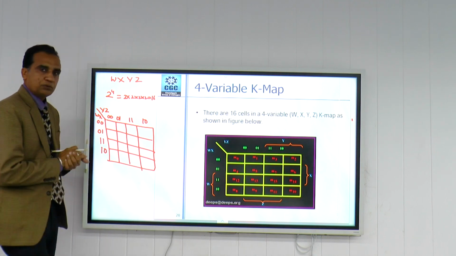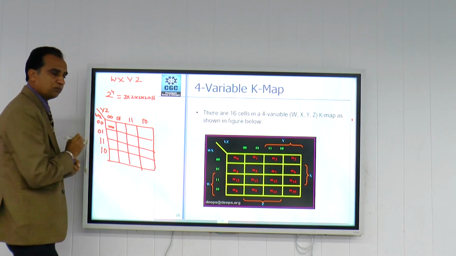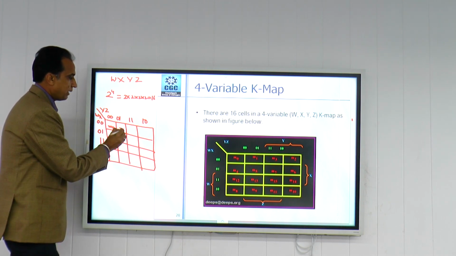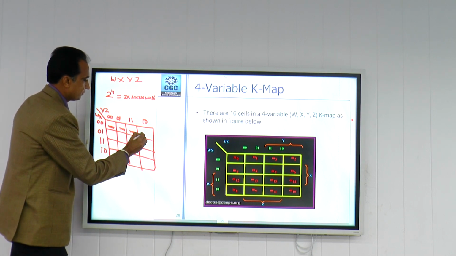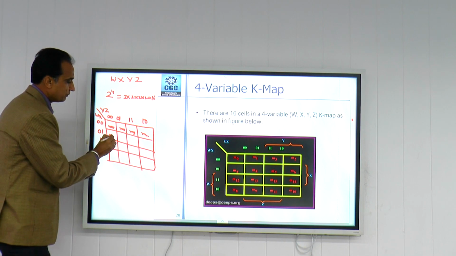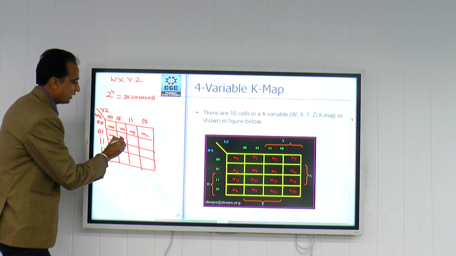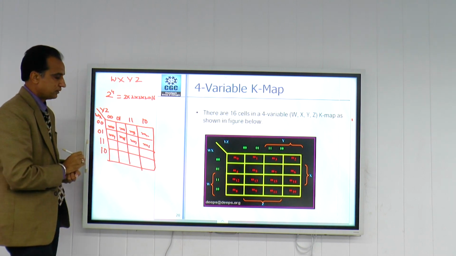Now we have to fill it with the min terms. Now this is our M0, M1, M3, M2. Then M4, M5, M7, and M6.